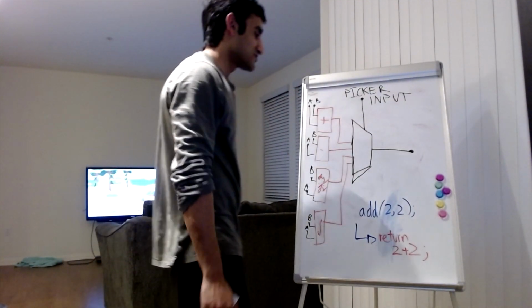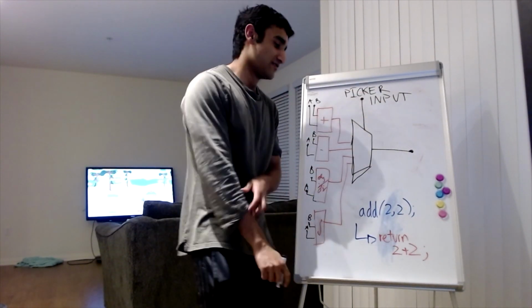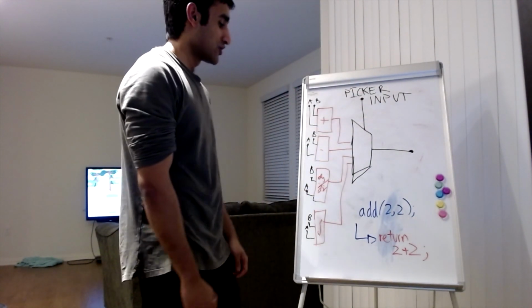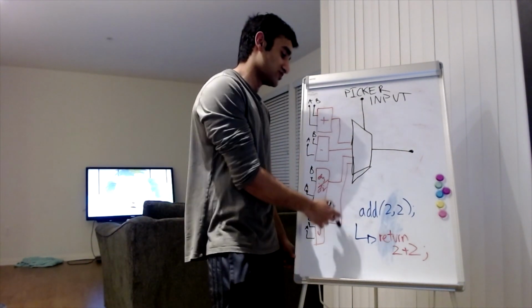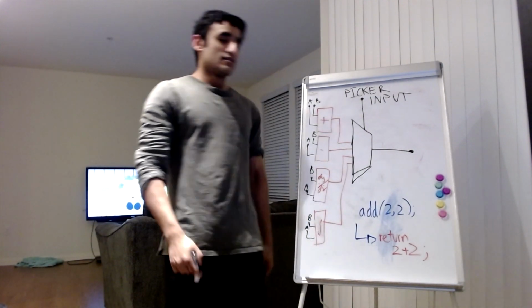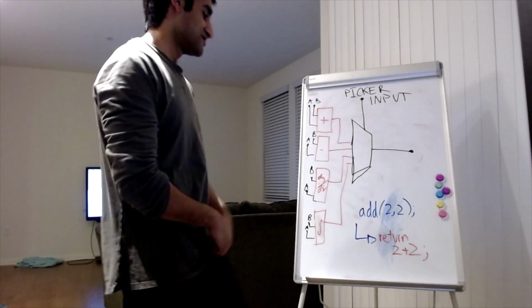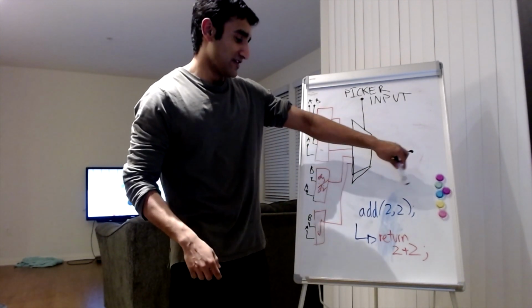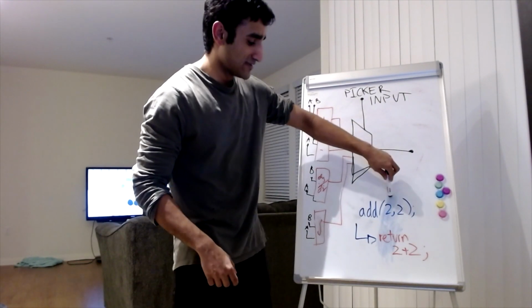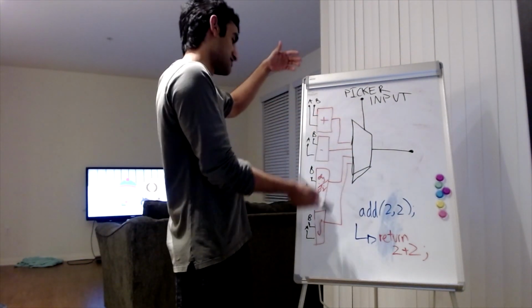All right, so let's try to wrap this all together. If you remember back in the beginning of the video, we wrote a function called add, and we tried to ask ourselves, if we ran this add function with the parameters 2 and 2, what exactly is going on at the processor level? If you recall, what this add function is going to do is return the sum of what we inputted into it. So let's try to tie this back to this whole mux digital circuitry.